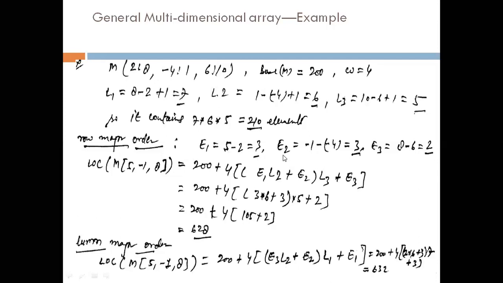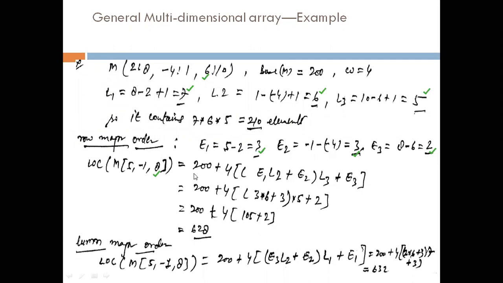Again, the effective index E2: minus 1 minus its lower bound, that is minus 4. So minus 1 minus minus 4 will be plus 3. Now the third one, 8 minus its lower bound 6. So 8 minus 6, 2. So this is E1, E2, E3, and this is L1, L2, and L3.